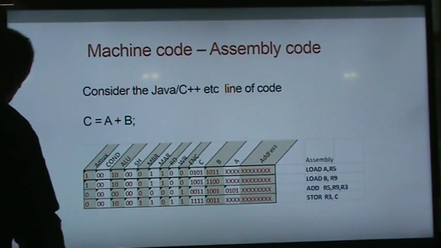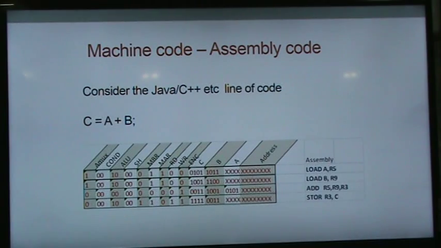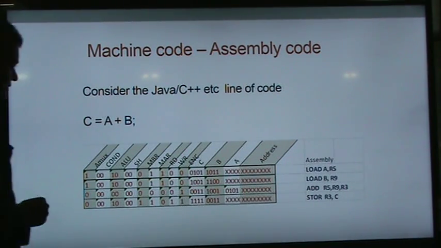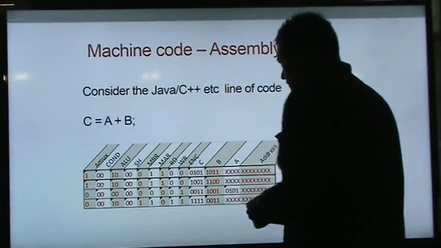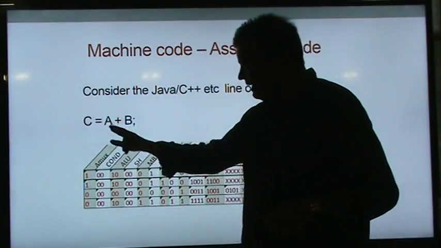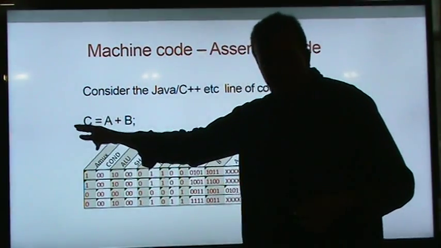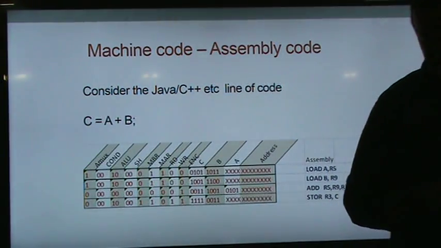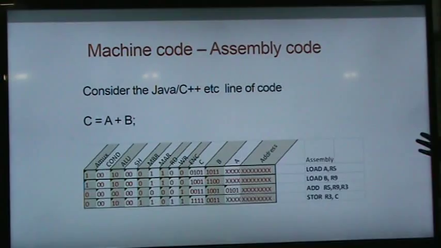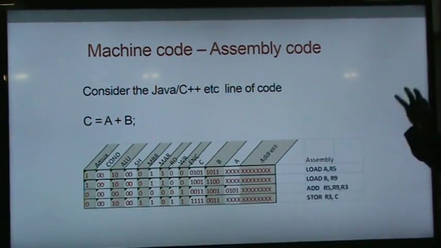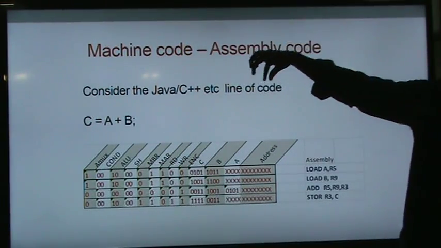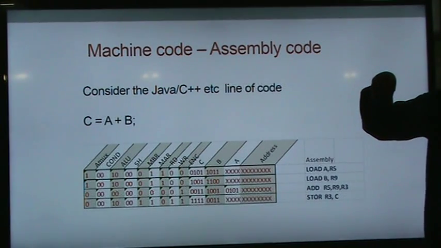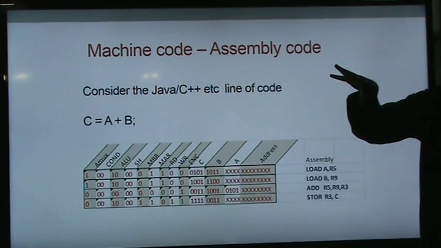Okay, so, for example, if you had an instruction like in C or Java that said something like A plus B equals C, what we're going to have to do on this architecture is, step 1, go out and get the value of A from memory. That'll be one step.